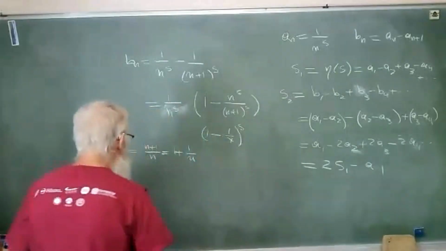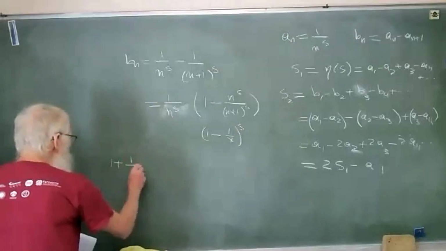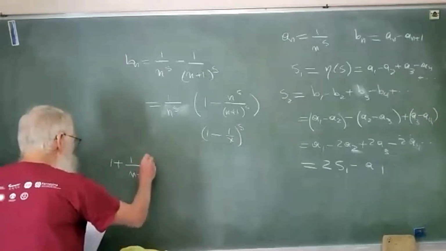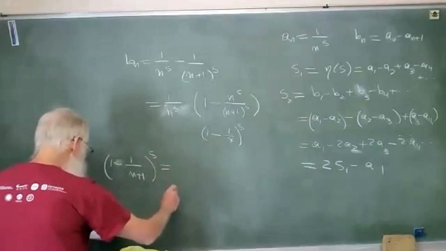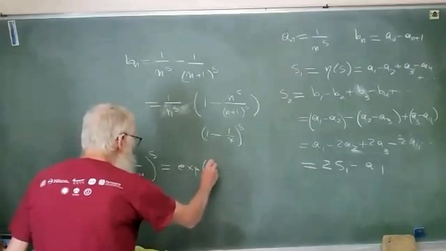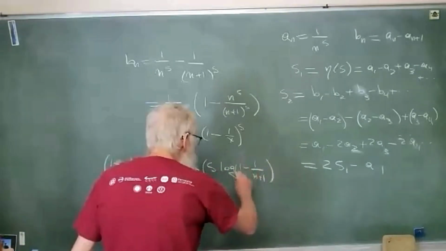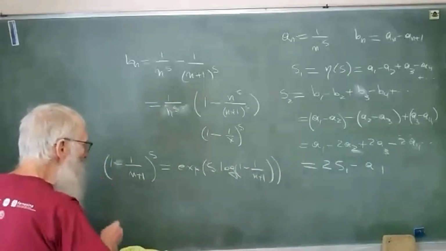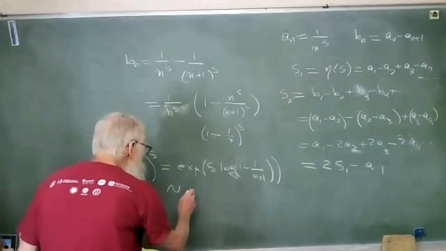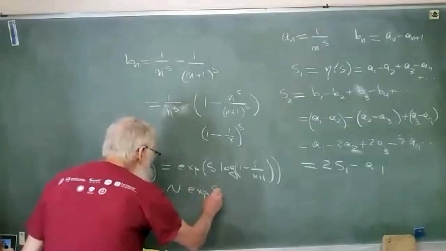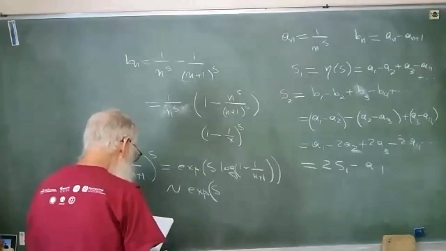The point is 1 plus 1 over n plus 1 to the s minus 1 to the s is exponential of s times the logarithm of 1 minus 1 over n plus 1, which is a classical logarithm of a positive real number. So it's equivalent to exponential of s times the logarithm of 1 plus 1 over n plus 1, which is minus 1 over n.